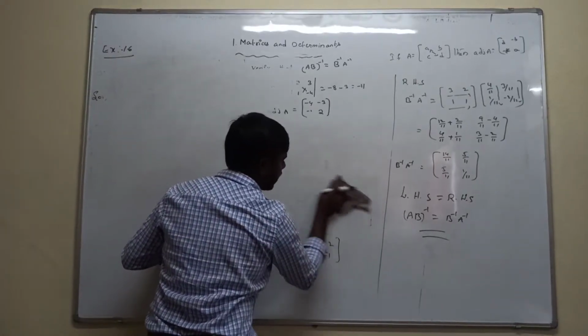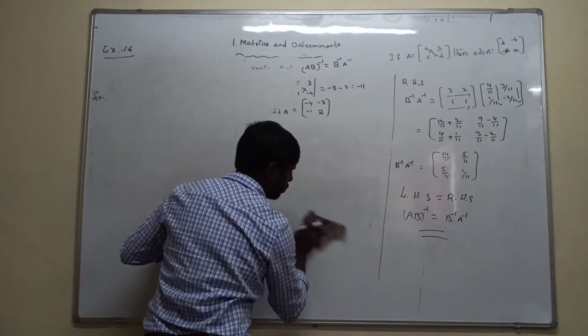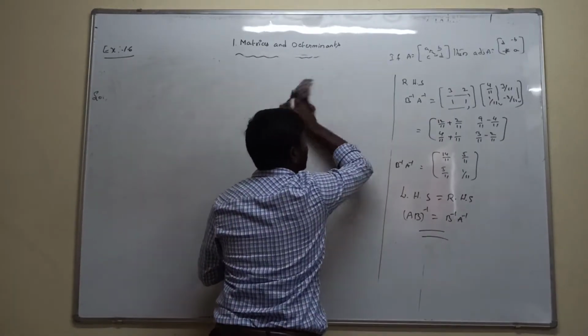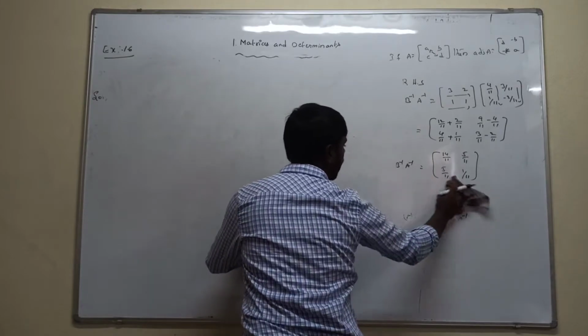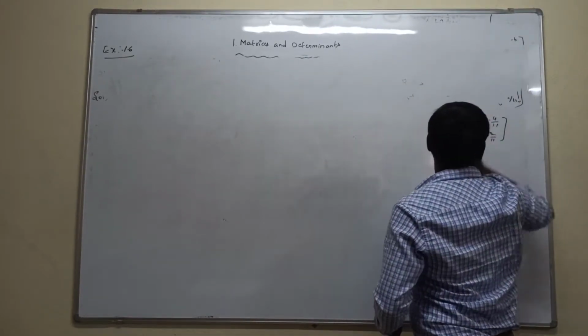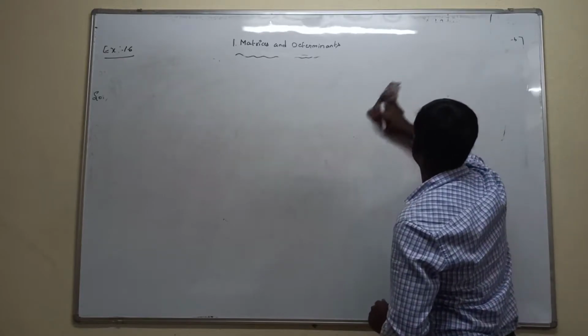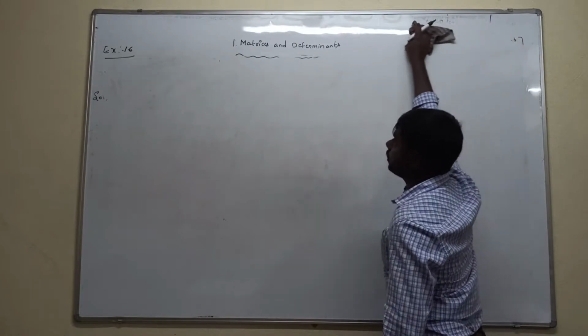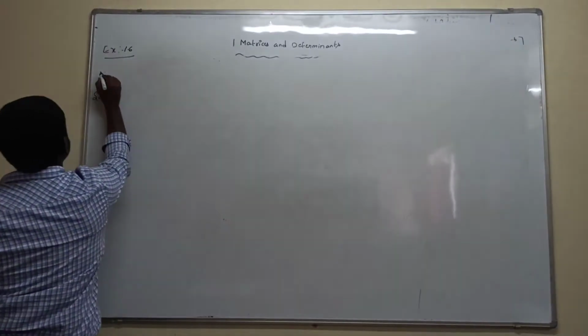So question number 8, the A matrix is given. Verify that A square minus 5A minus 14I equal to 0 and hence find the inverse of A. So first we have to verify the given condition A square minus 5A minus 14I.